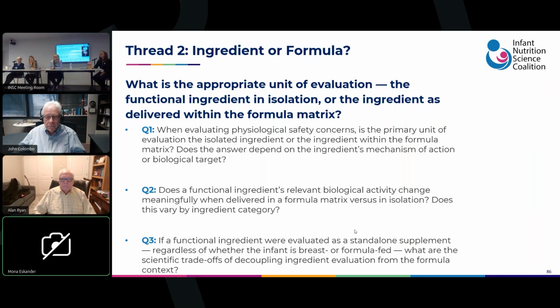Then we decided, okay, if it is safe and it is not novel, we move to new ingredient in infant formula, where we collect literature from anywhere, that study conducted on infant, young children, preclinical, any data that can support the safety of this ingredient in the infant or very young children.